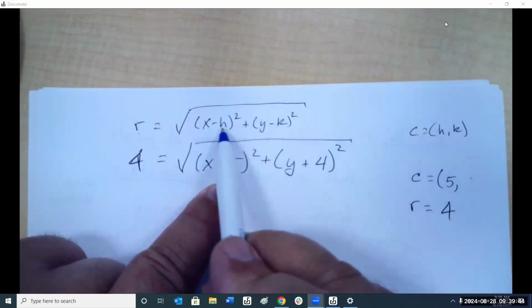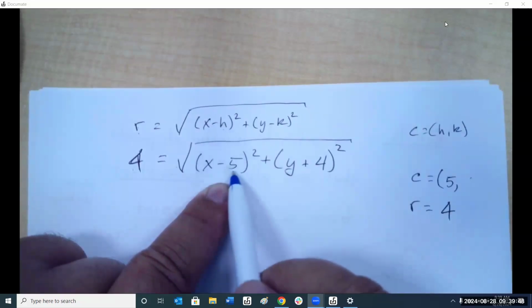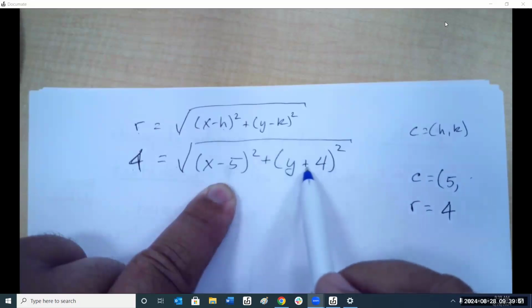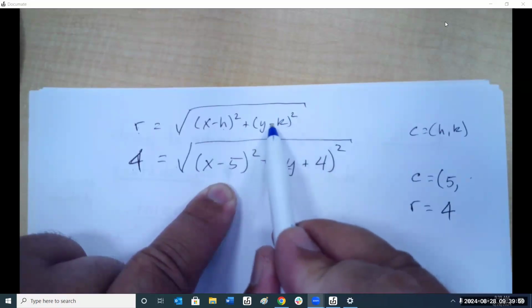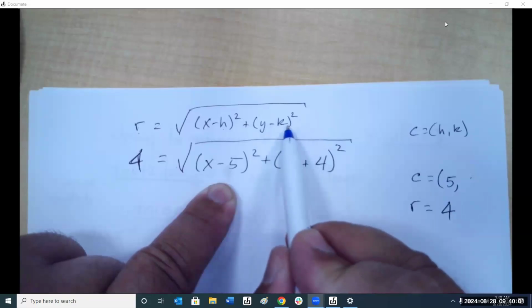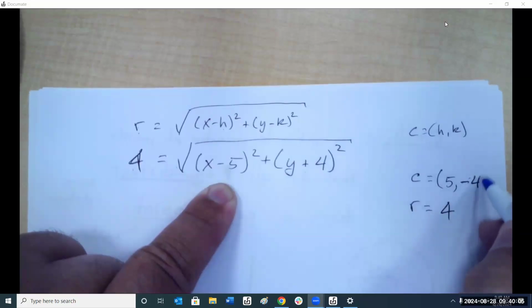Look at the equation. H is right after the minus. So if it's a negative sign, it is what it is. But that's a plus. The only way that could turn into a plus is if K is what? Positive? Negative? Because that's already negative there. If K is negative, negative times negative makes it a positive. So it's -4.